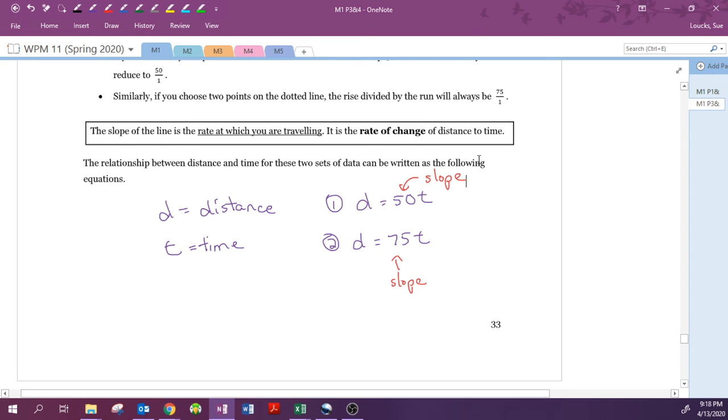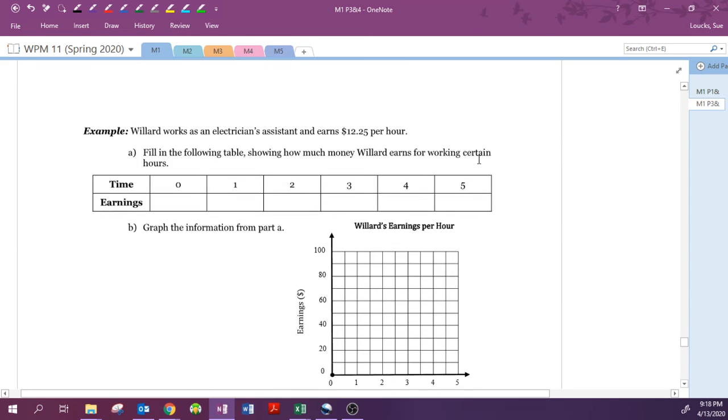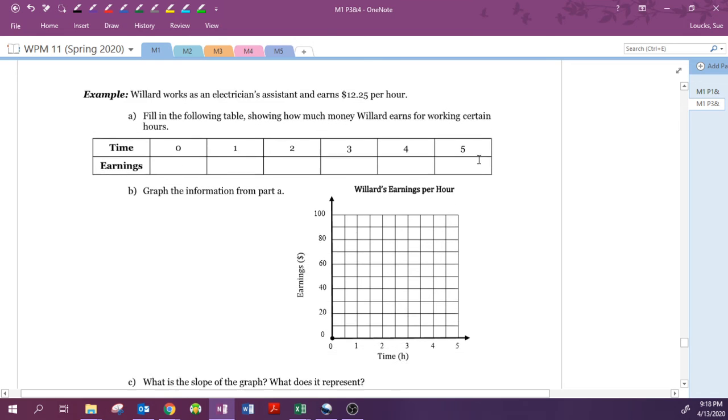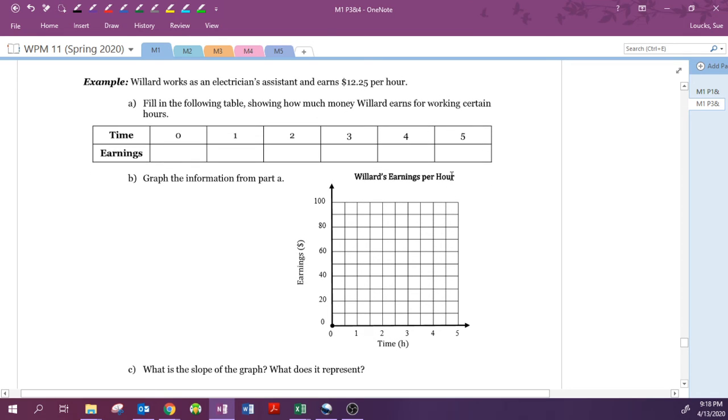Let's do an example. Willard works as an electrician's assistant and earns $12.25 per hour. Fill in the following table how much money Willard earns for working certain hours. Well, if he works 0 hours, he's probably going to make $0. If he works 1 hour, he's going to make $12.25.